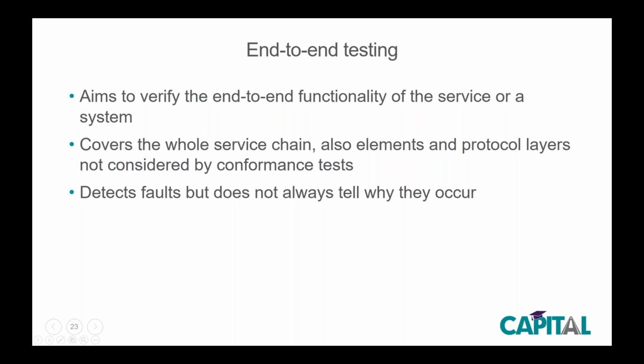And interoperability tests may include one or more elements. But sometimes it is difficult to test all of the elements separately. For example, if there are no clear requirements for all the components of the service chain, or there are no clear requirements for all of the protocol layers. In those cases, it is possible to test the end-to-end functionality of the system.